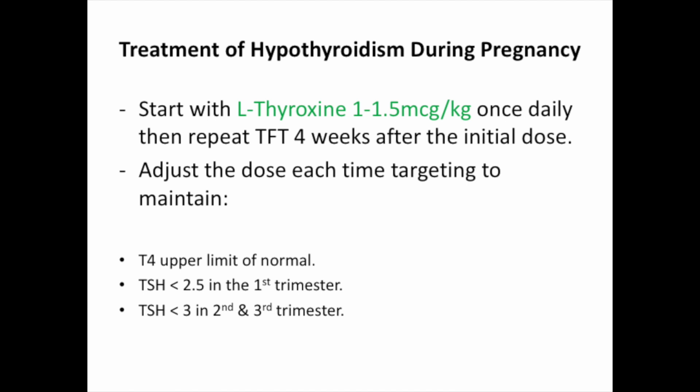Remember, what are your targets while you are treating a case of hypothyroidism in pregnancy? Your targets are to keep the T4 in the upper range of normal and to keep the TSH below 2.5 in the first trimester and below 3 in the second and third.